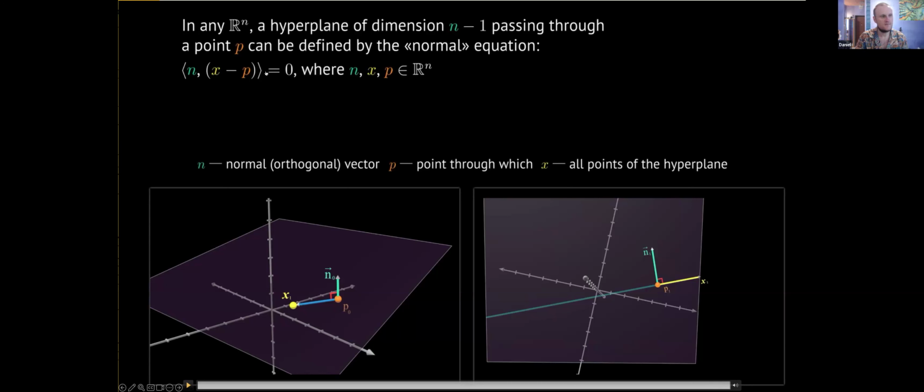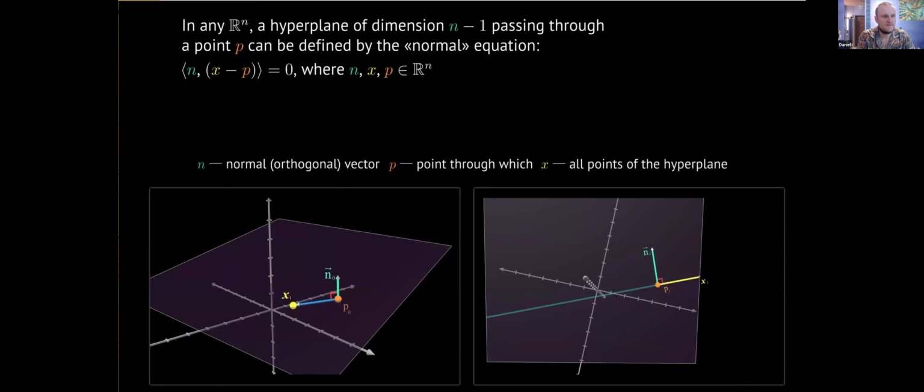And that's very cool, because it has a very cool looking compact equation. We just need a point through which our hyperplane passes. We need our normal orthogonal vector, and our solution, our x's, will be all the points on the hyperplane.